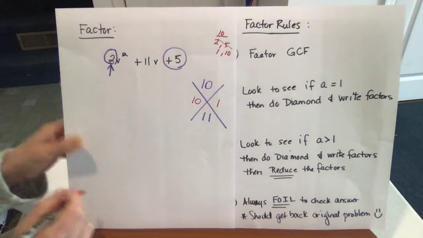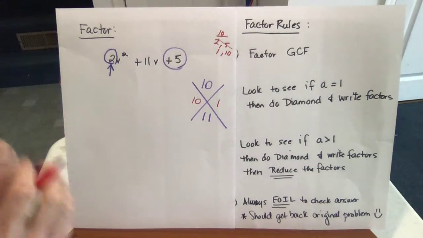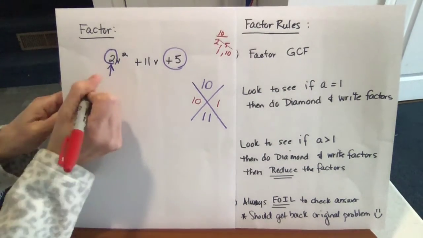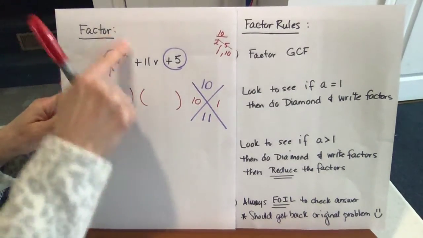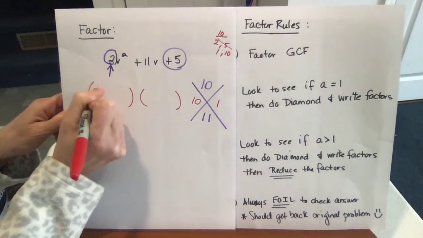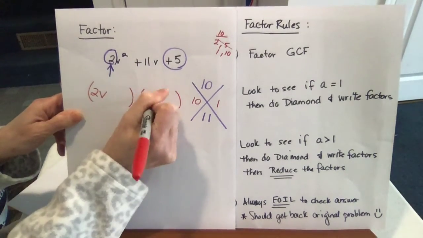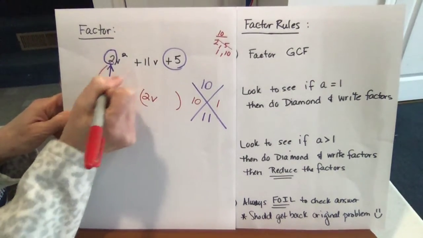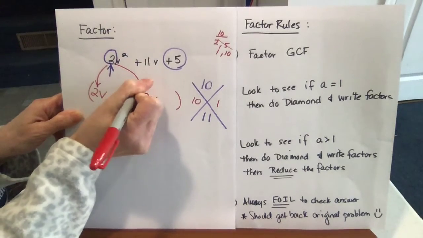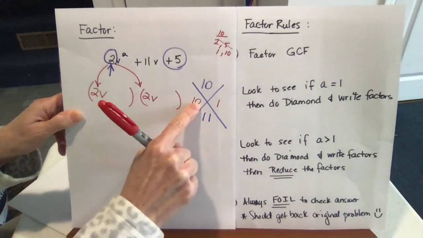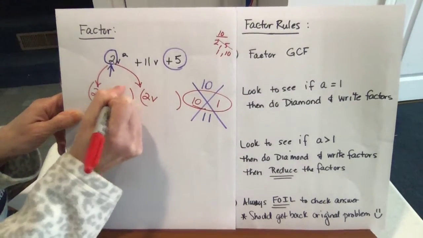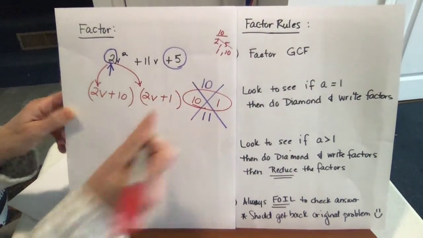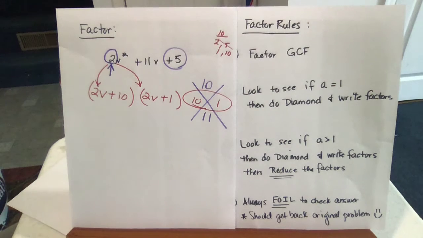Okay, so now, just as you did when we were factoring when a was 1, you're going to open up your parentheses, and you're going to take this first term, the entire thing, 2v, and 2v goes here, and it goes here. You're going to take your diamonds, and as we did before, we're going to add 10, add 1. But now the bigger thing is we have to reduce.